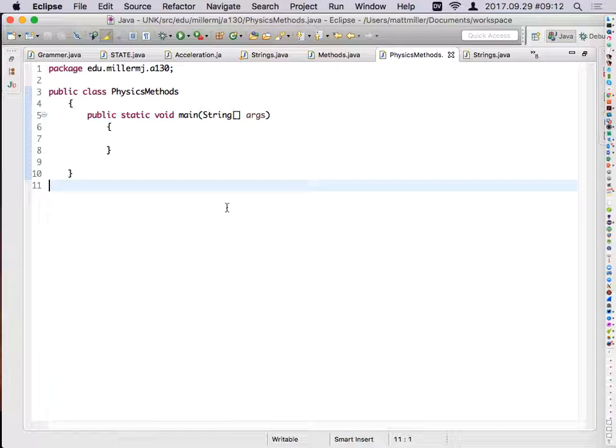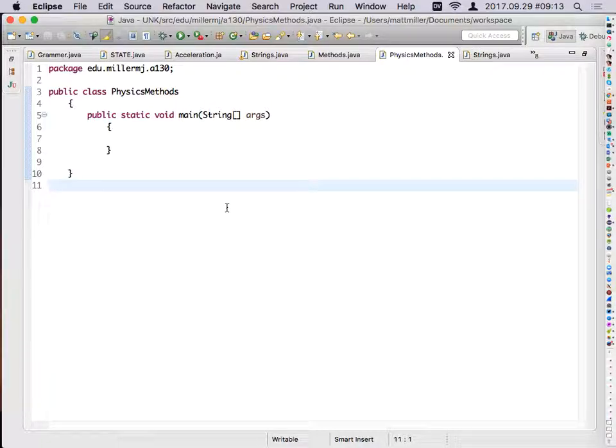What are the parts to a method? What do we have to do in all of our methods? Public static, correct. Where does it go? Does it go right here where I got my cursor?